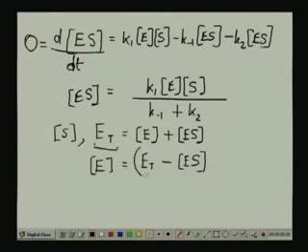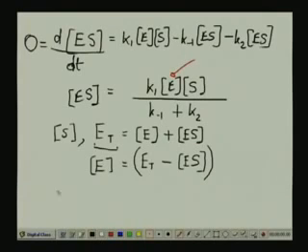Where do I have this quantity in my expression? Here. So this is where we are going to substitute this. So do that. If we do that, what do we get?